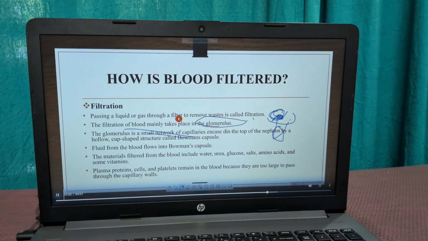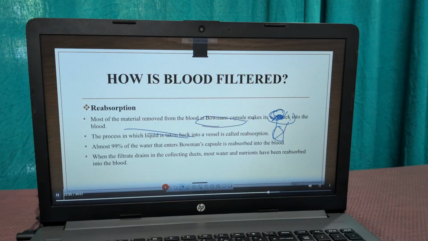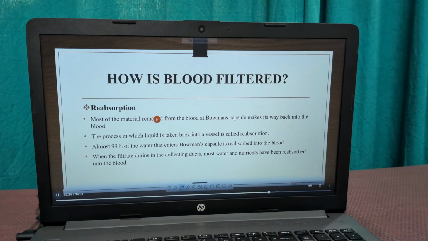Now what happens? The tubules that receive the separated material return needed substances to the blood and remove the waste material. This process is called reabsorption. Blood vessels run alongside the tubule as the filtered fluid moves along the tubule.